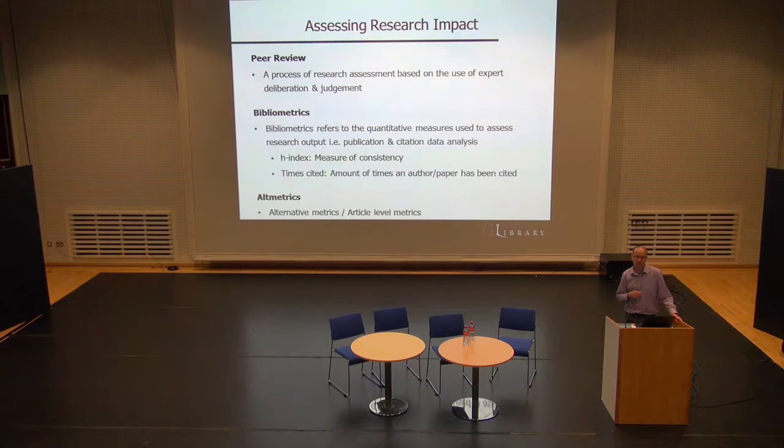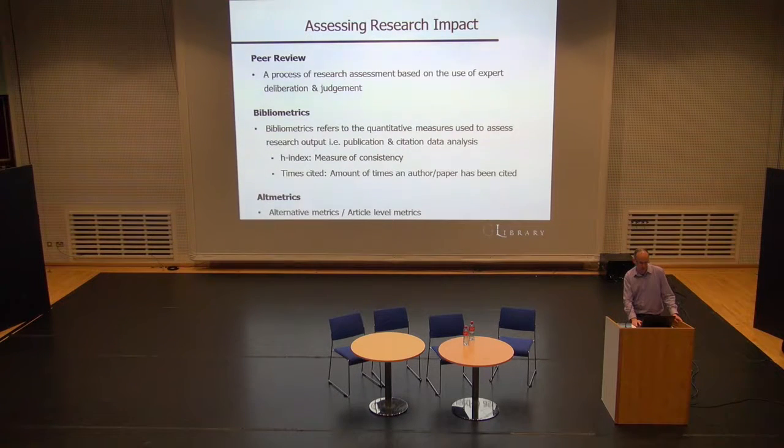Bibliometrics looks at quantitative measures used to assess research impact, such as the number of times an output, like a journal article or a book, is cited or referenced by other similar outputs. We'll look at some of the different metrics you can get from that.